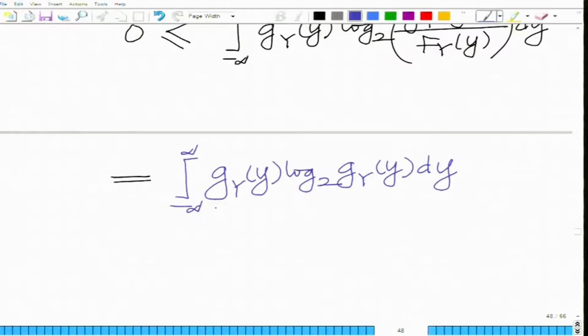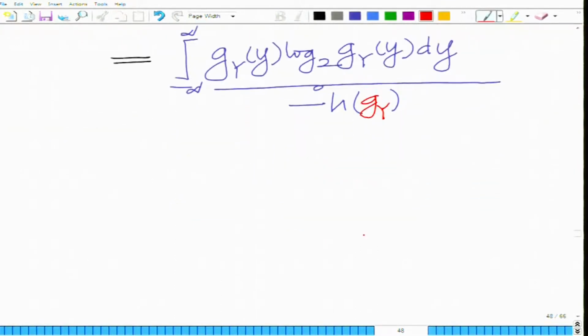Now, the first term is nothing but minus the differential entropy of y corresponding to the probability density function g. So, I am going to simply write it as minus h of gy, that is basically the differential entropy of y corresponding to the PDF gy.